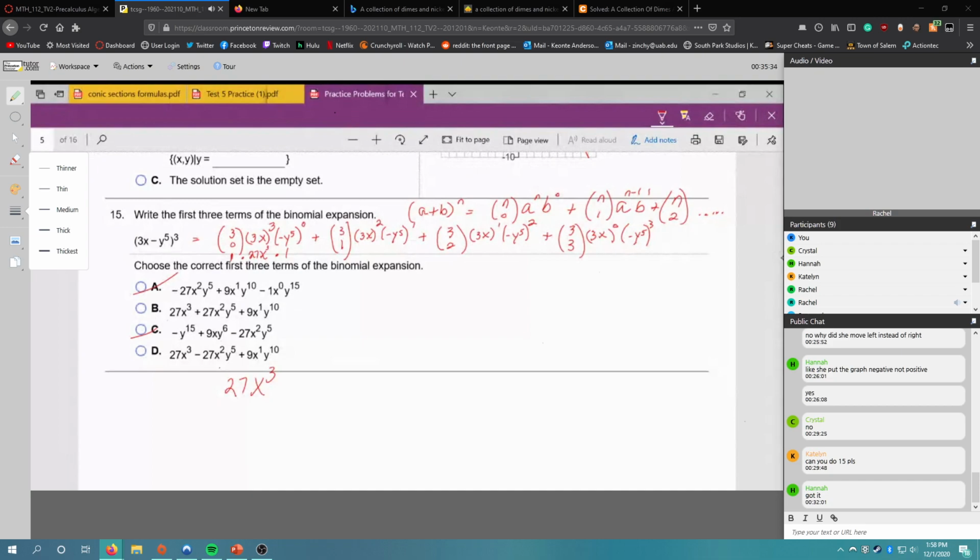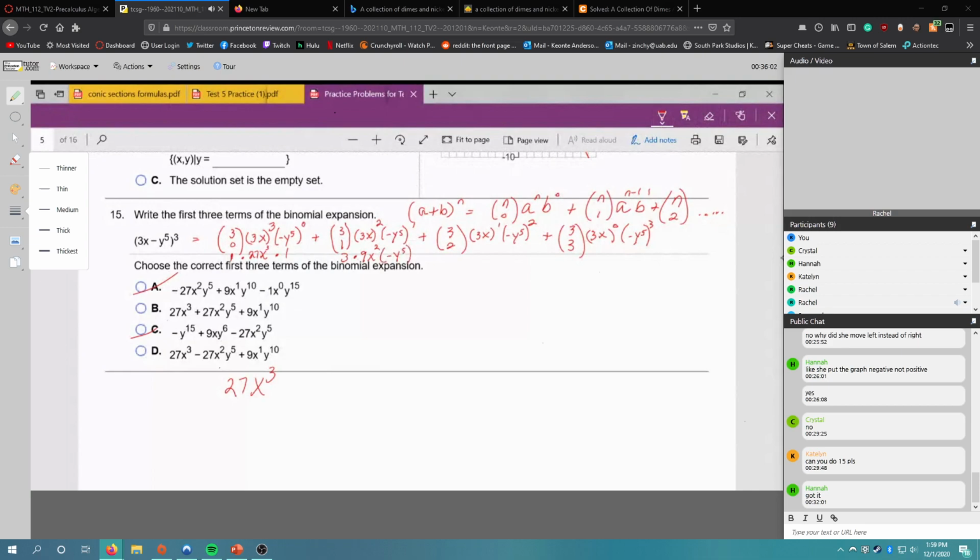3 taken one at a time should be 3, times 3 squared is 9x squared. And then negative y to the 5th to the 1st power is times negative y to the 5th.